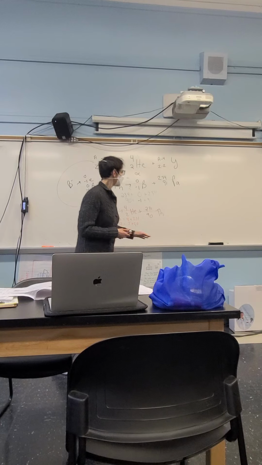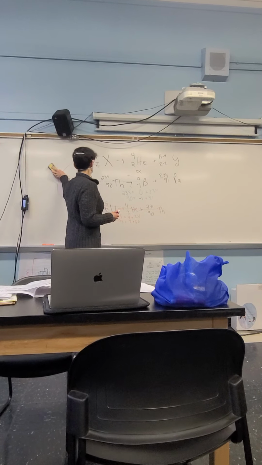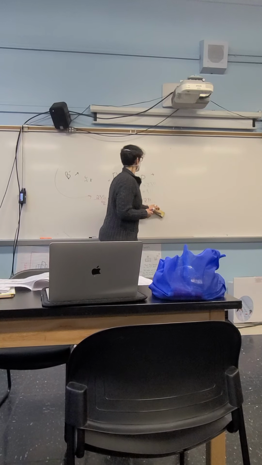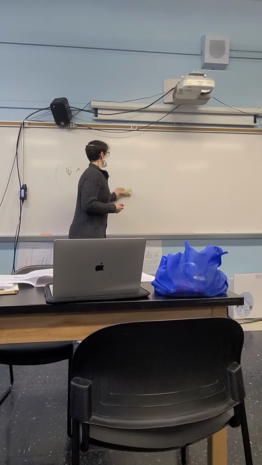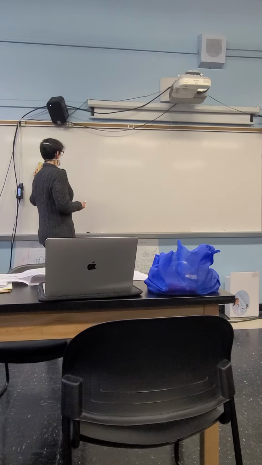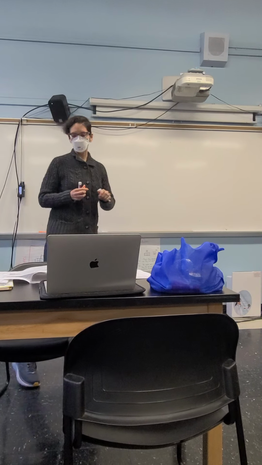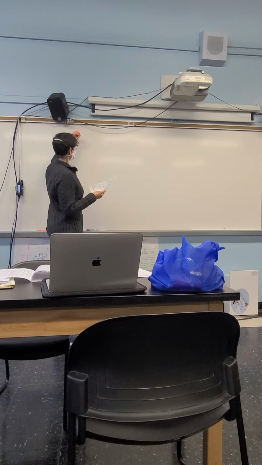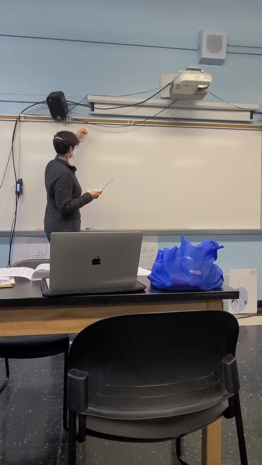Alright, so now I'm going to erase this and go over positron, and then we'll start to work on the worksheet. So in positron emission, again, this is beta plus.